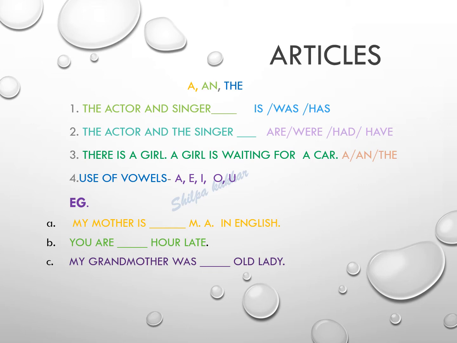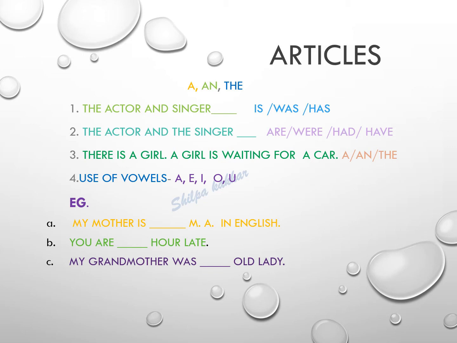I have taken up some examples like the actor and singer. Here, we are talking about the actor and singer. Usually it takes is, was or has, depending upon the tense of the sentence, because we are talking about the same person.